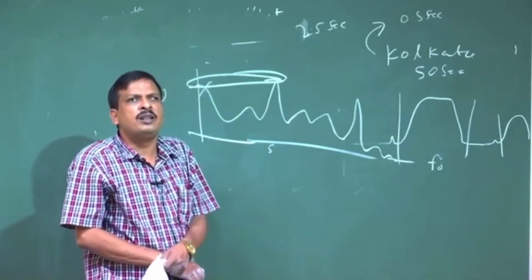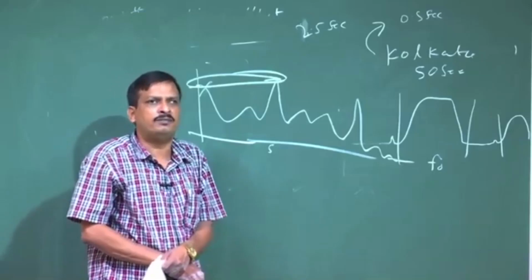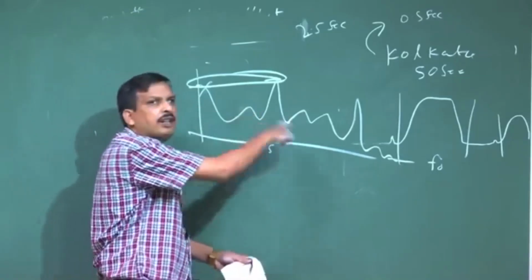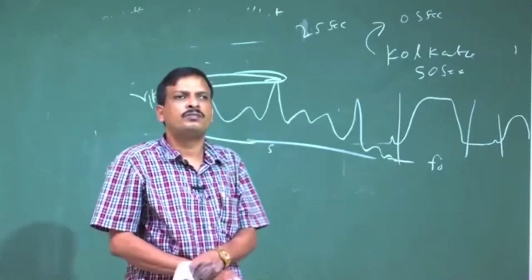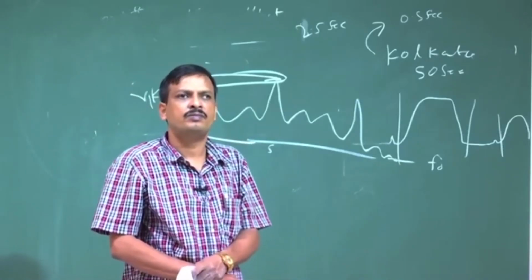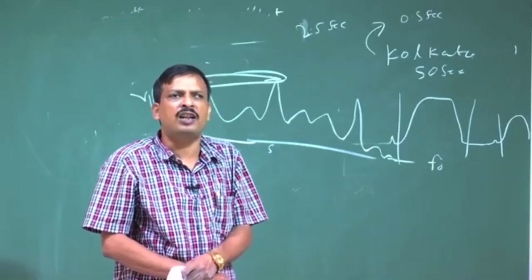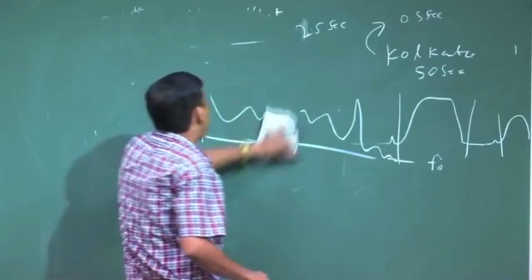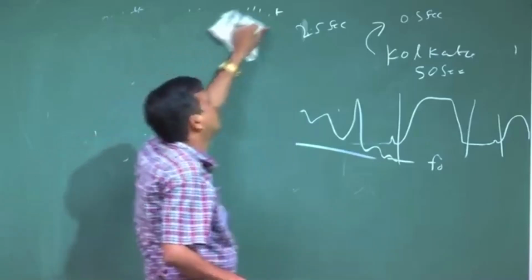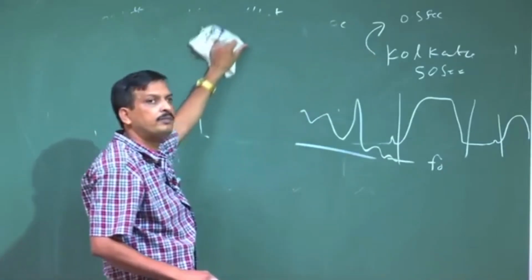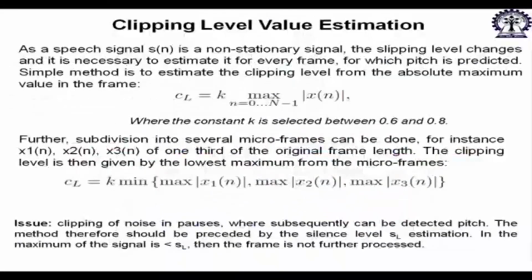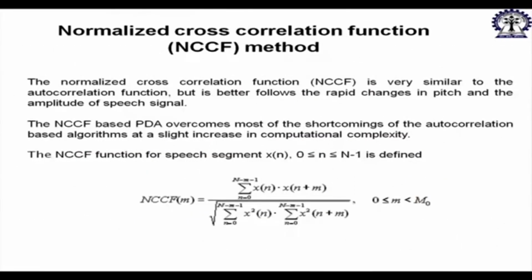So, how do I improve this result? I want this decaying to not be there. If I want the decaying to not be there, then that is called the modified, or you can say the normalized autocorrelation. Normalized autocorrelation. The formula is this one.